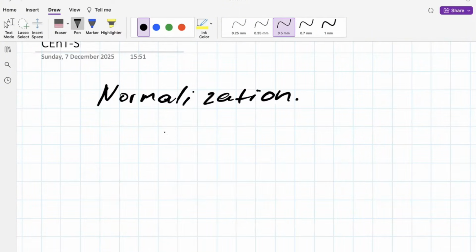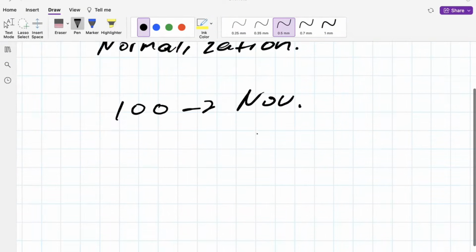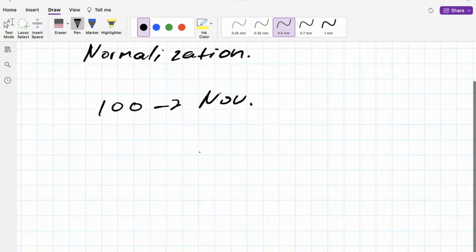All right, let's imagine that 100 students have taken the test in the November session, or, I don't know, in the December session, right? And let's imagine that the maximum mark of the CEnT-S is 55 out of 55, right?